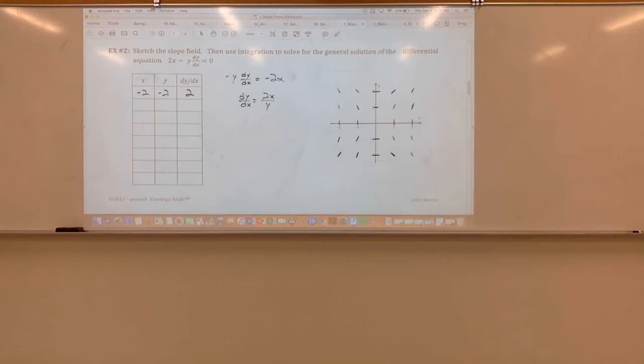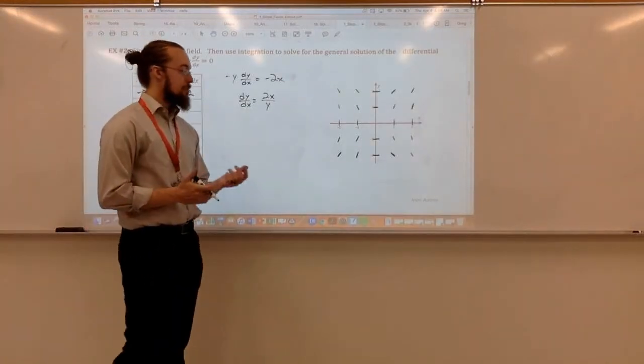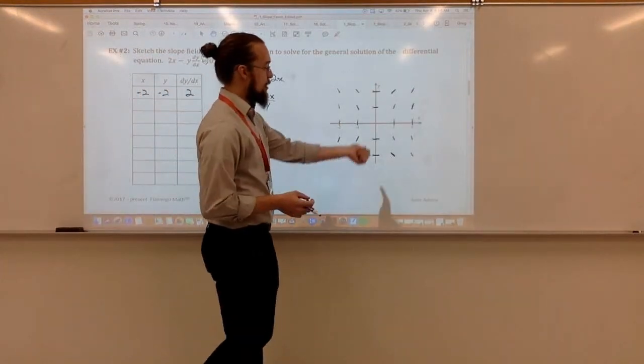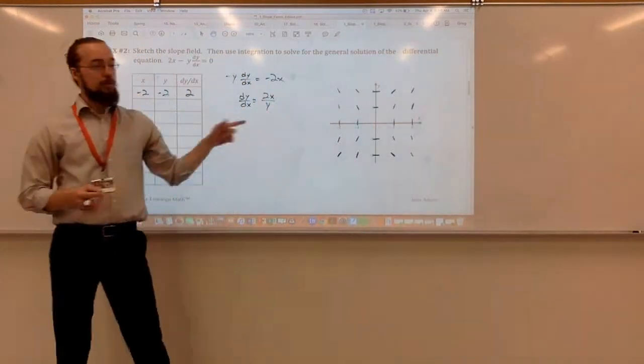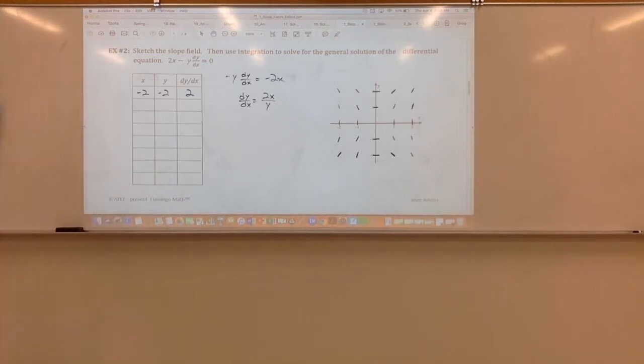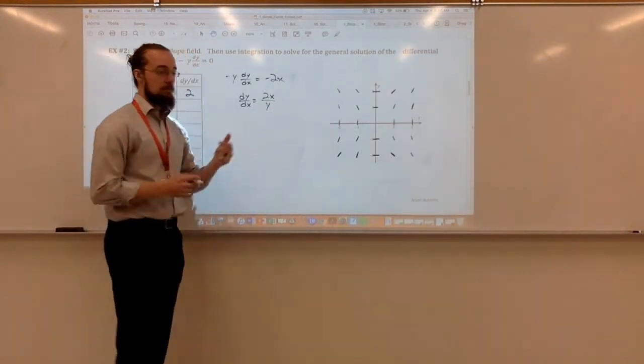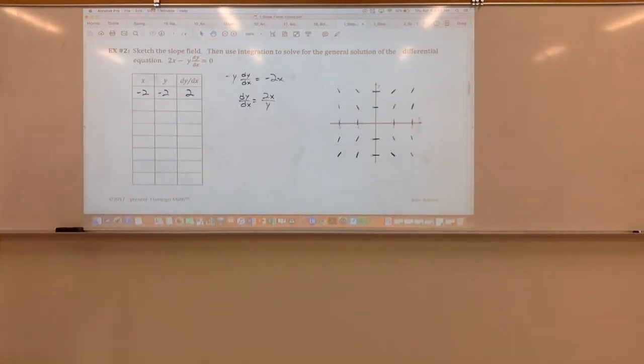Did we get something that kind of looked like this? So hopefully we recognized a couple of things. One, if we plug in 0 for x, we would get a slope of 0, which means we would have a horizontal line. If we plug in 0 for y, we would get an undefined slope.